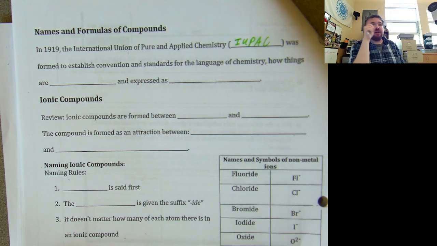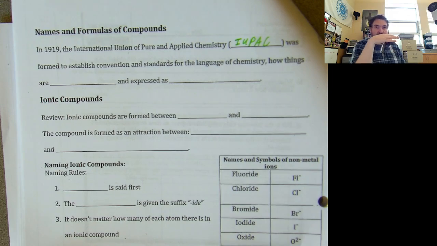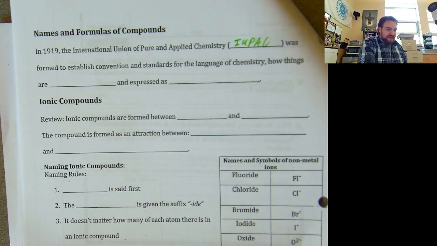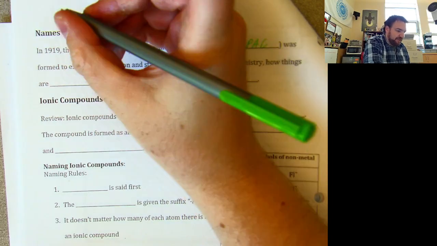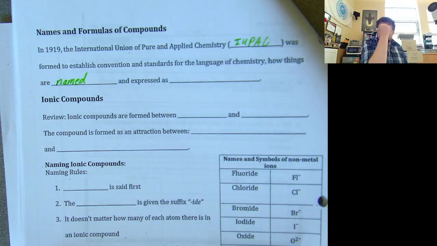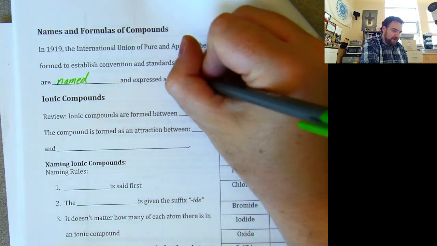Whether you're doing chemistry in China, Japan, Korea, Turkey, the Czech Republic, Brazil, wherever, it all happens the exact same way. And so they established convention and standards for the language of chemistry, specifically relating to how things are named and expressed as chemical formulas.